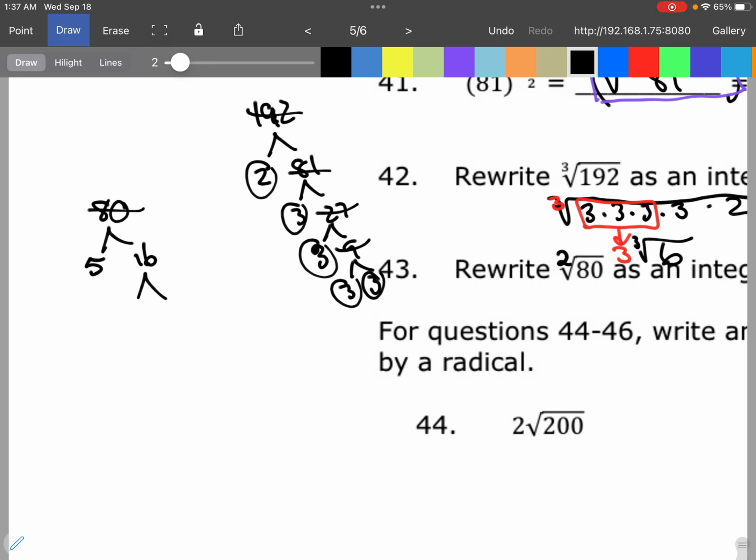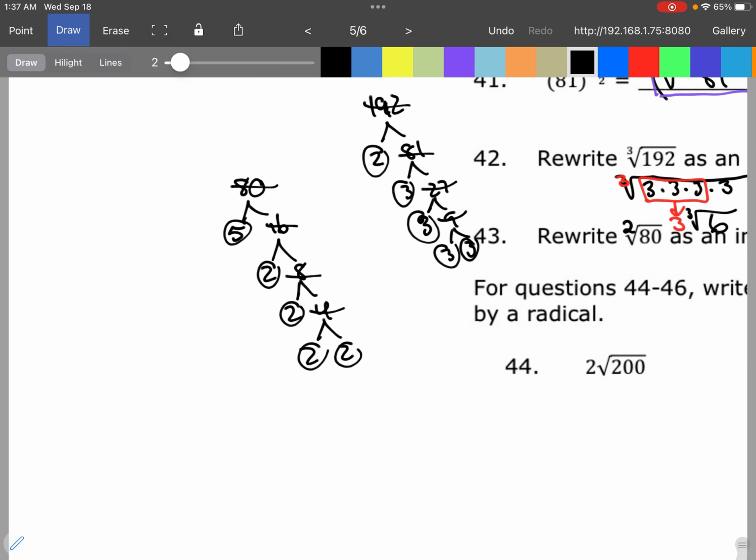Then we're going to break 16 down with 2 and 8. Then we're going to break 8 down with 2 and 4. And then we're going to break 4 down with 2 and 2. So 80 is disguised as 1, 2, 3, 4, 2s and a 5.